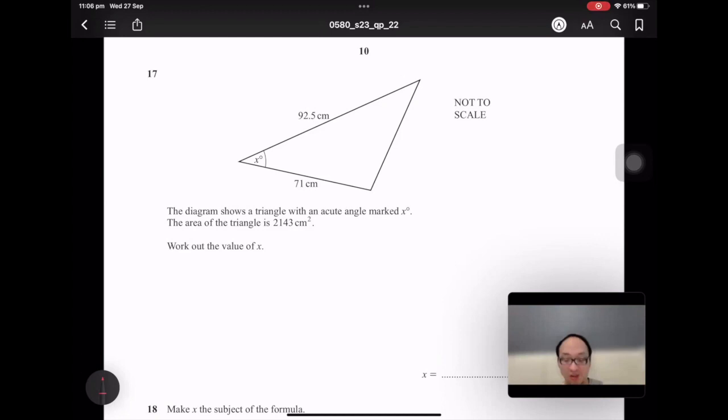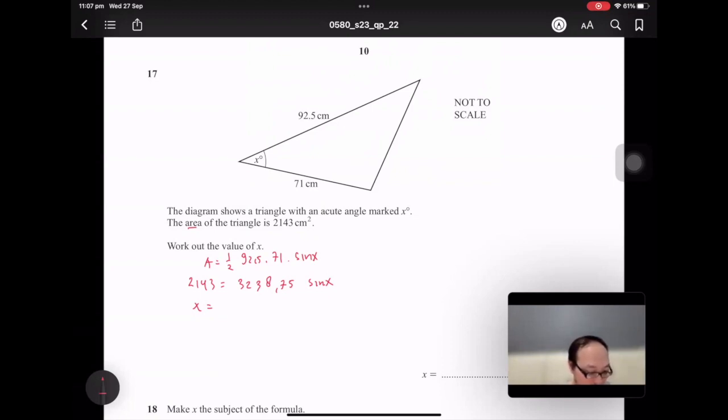Work out the value of X. We have the area, so we can find the area of the triangle using the formula half times 92.5 times 71 times sin X. So 2143 equals, we calculate 92.5 times 71 divided by 2, so it's 3238.75 sin X. So X will be 2143 divided by the answer.